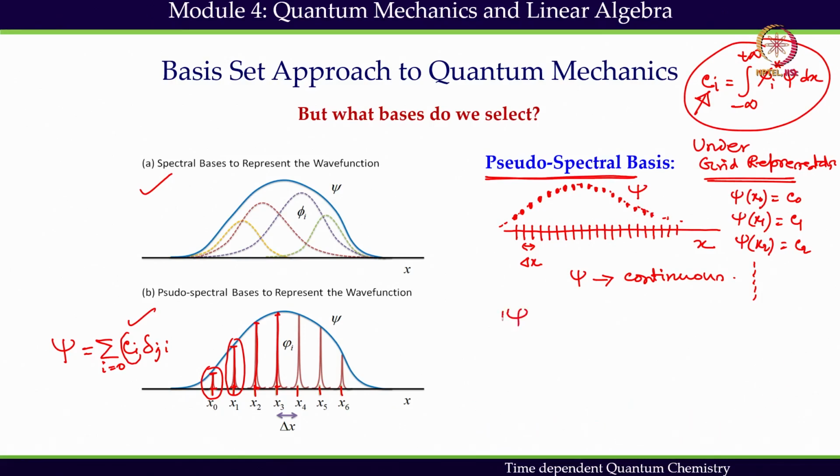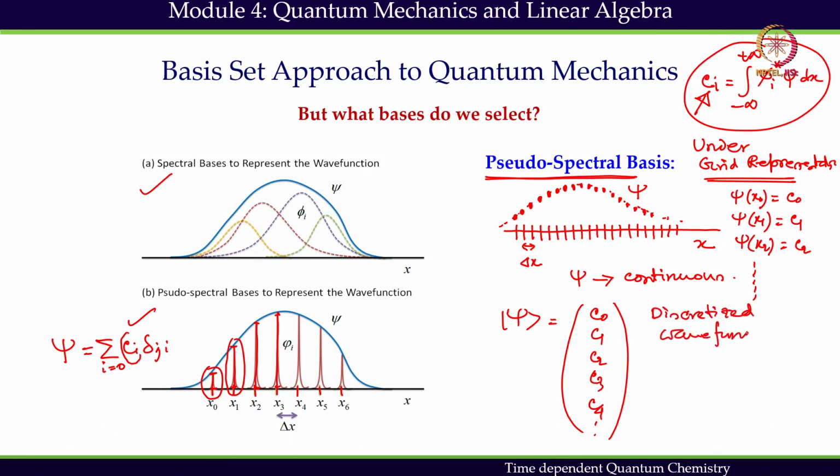I have this psi which is going to be C 0, C 1, C 2, C 3, C 4, like this, and this is called the discretized wave function on the x grid.